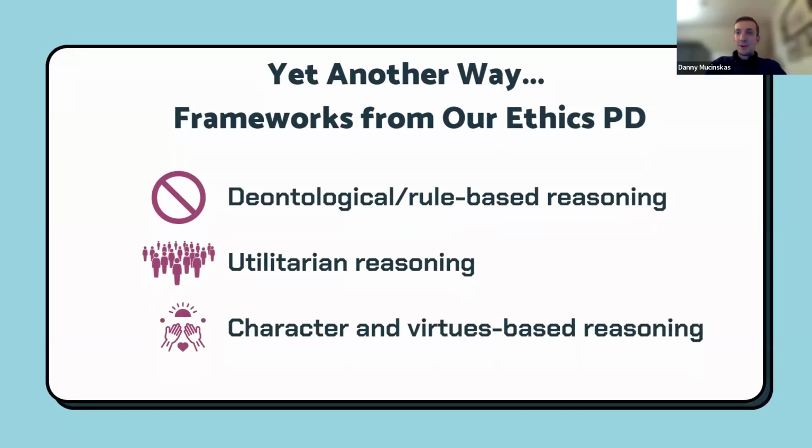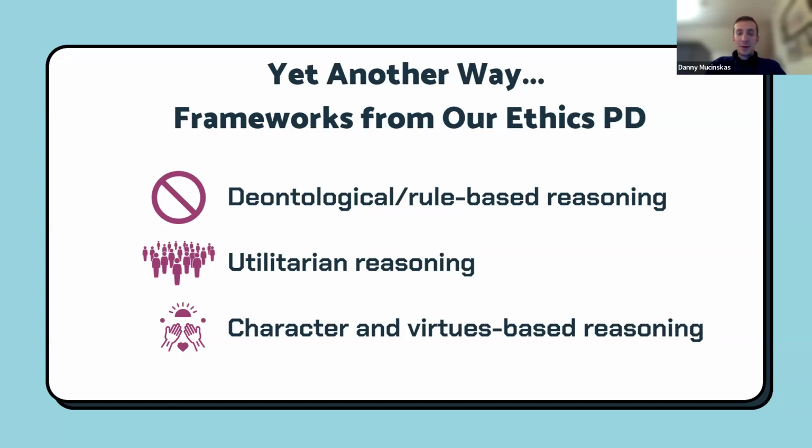And then yet a third way to discuss dilemmas is to bring in some of those frameworks that we talked about from our ethics professional development session. So just as a reminder, these were the lenses of a deontological or rule-based reasoning or view of ethics, having a particular rule that you're trying to follow or that cannot be broken, a utilitarian reasoning, so the idea of doing the greatest good for the greatest number.